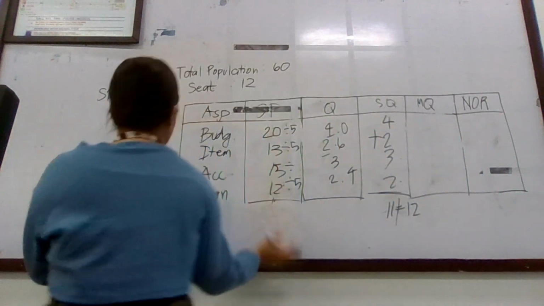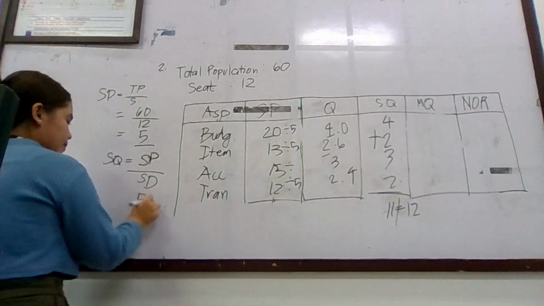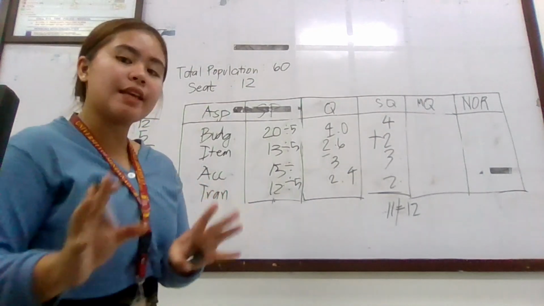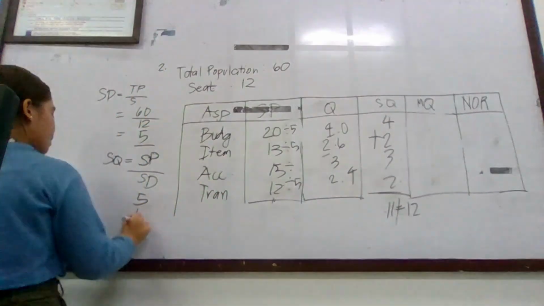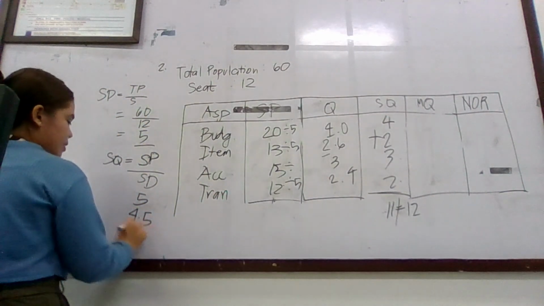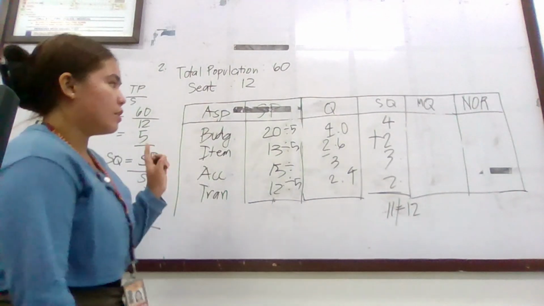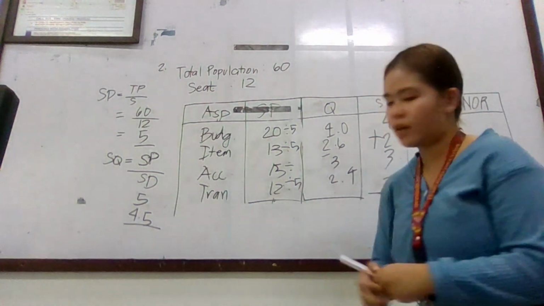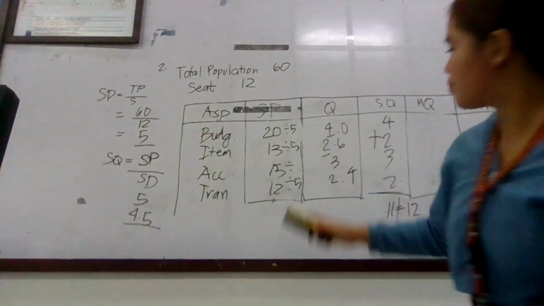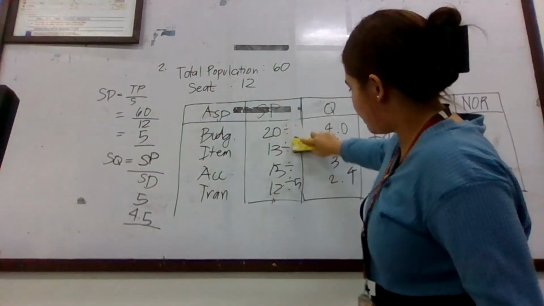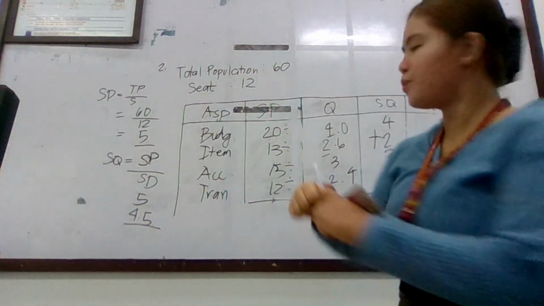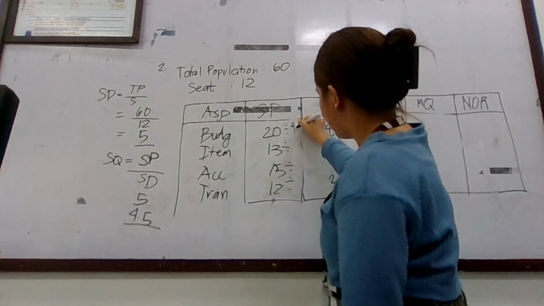So going back, let us try a lesser value than 5, so let us try 4.5. This is our modified standard divisor. So let us repeat our step. So let's erase this 5 to 4.5.